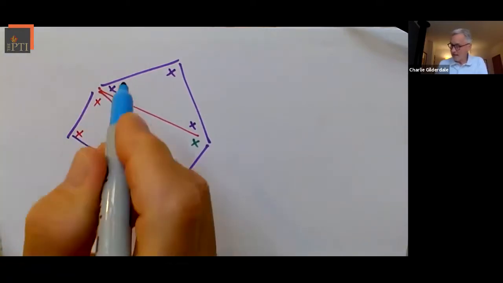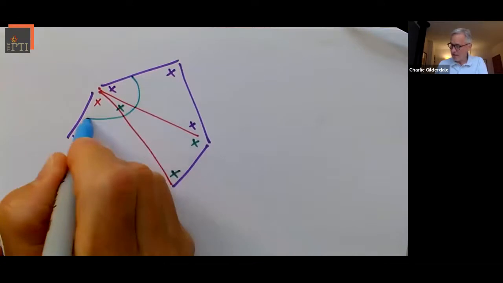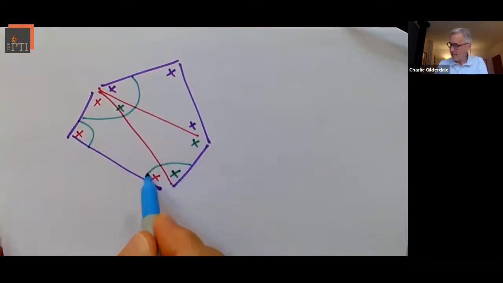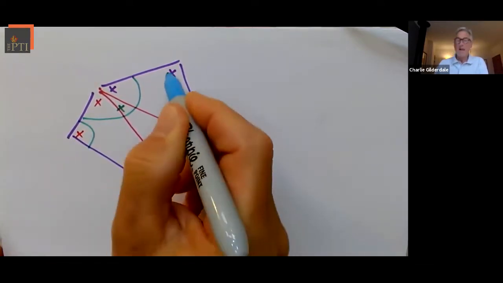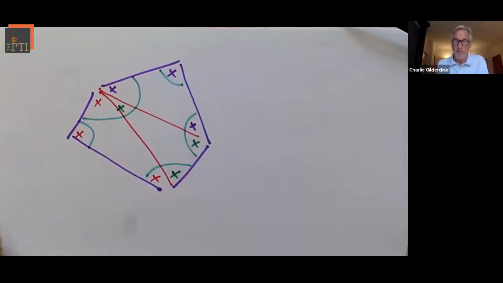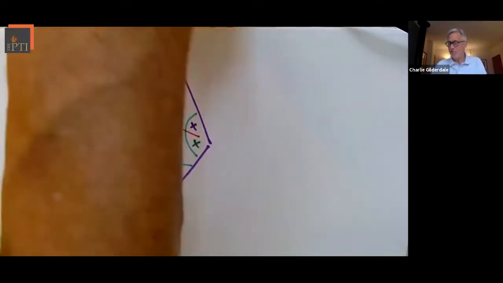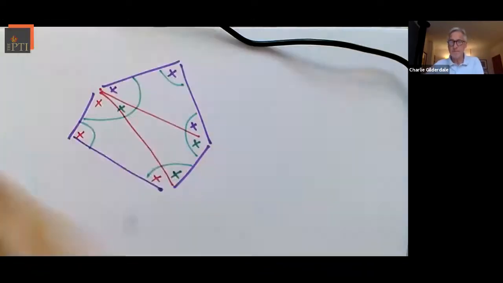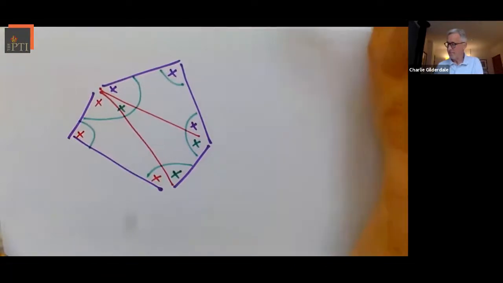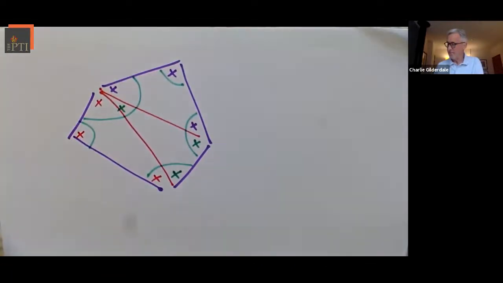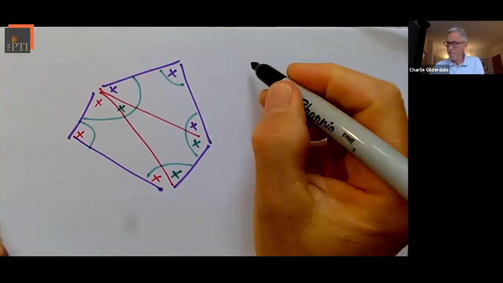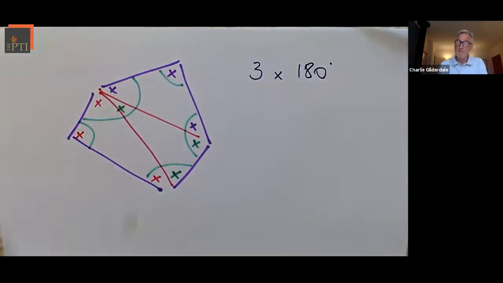And what we find is that all those angles added together make up the angles of the pentagon. And so I've got 3 lots of 180 degrees. Is what the sum of the angles of my pentagon come up to.